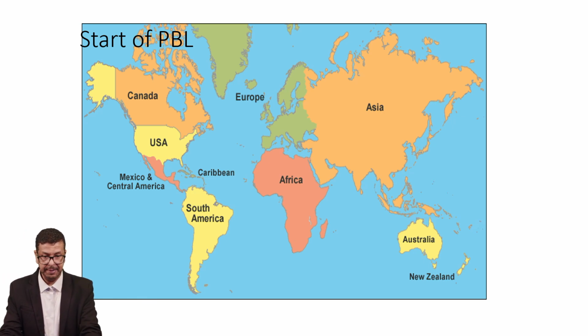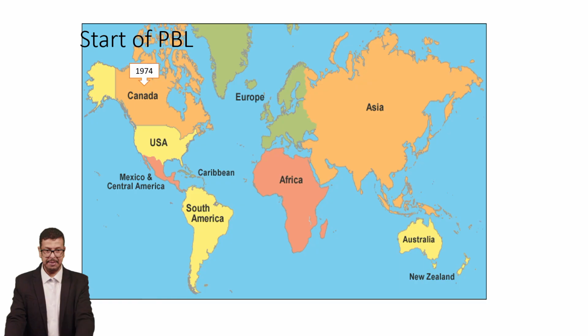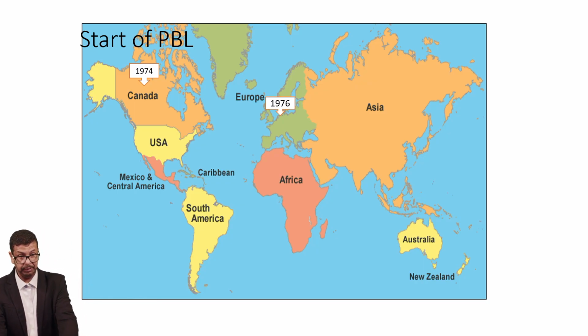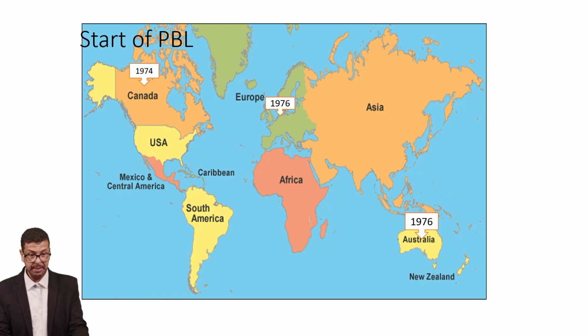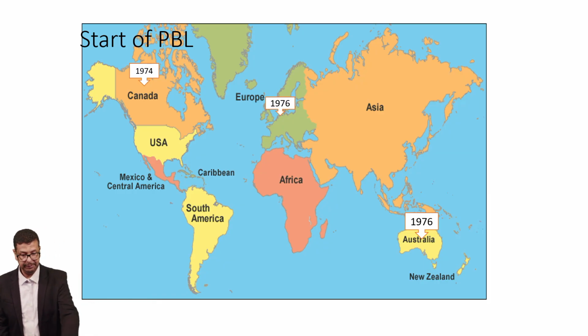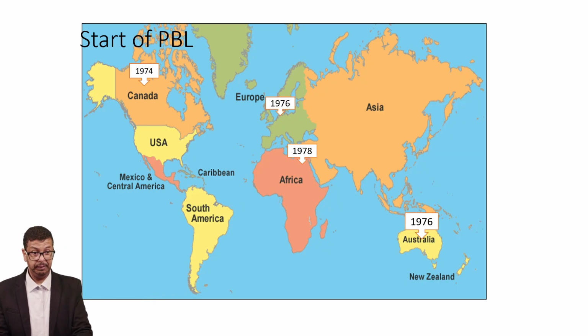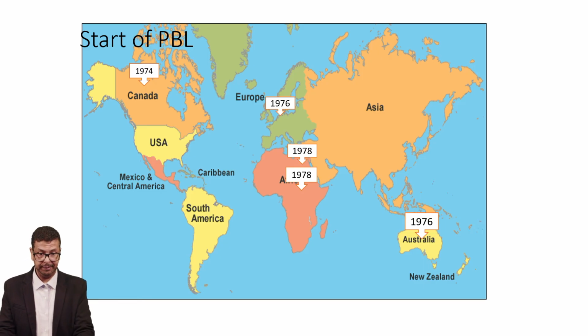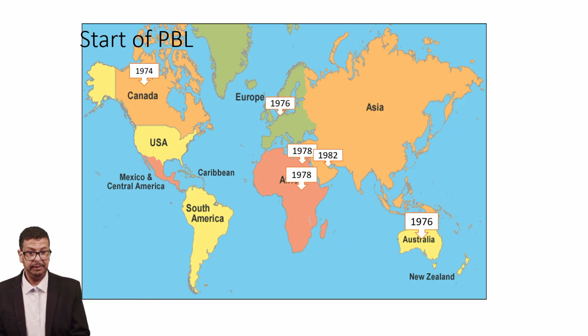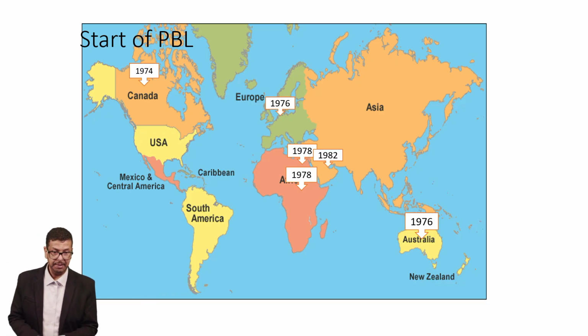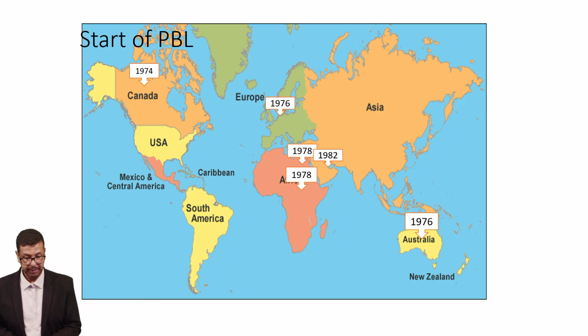Problem-based learning is relatively not new. It started at McMaster, Canada, in 1974, Maastricht in 1976, Newcastle, Australia, in 1976, in Africa at Gezira University in Sudan and Suez Canal in Egypt in 1978, and Arabian Gulf University in 1982.